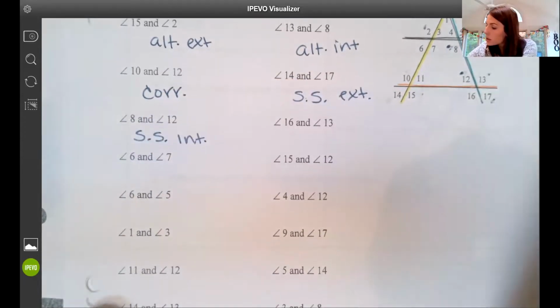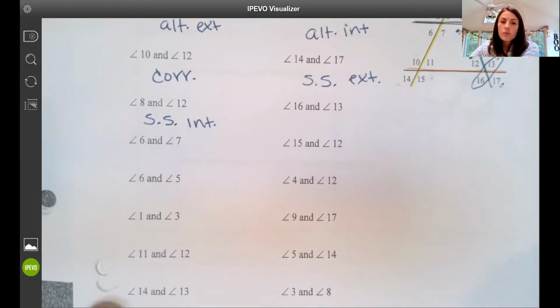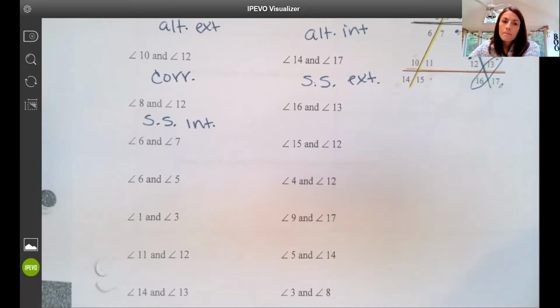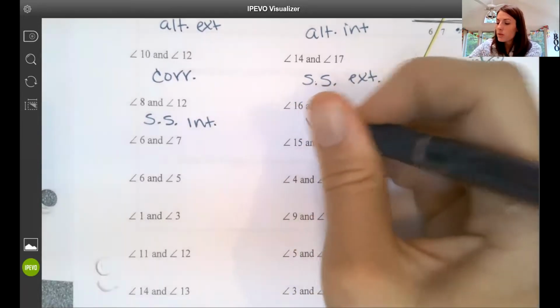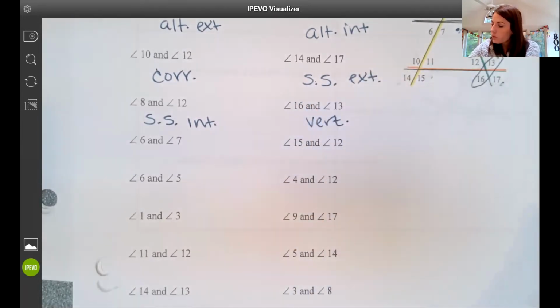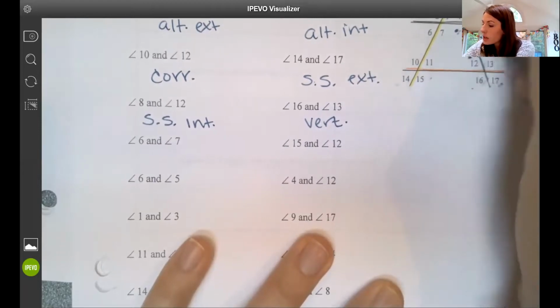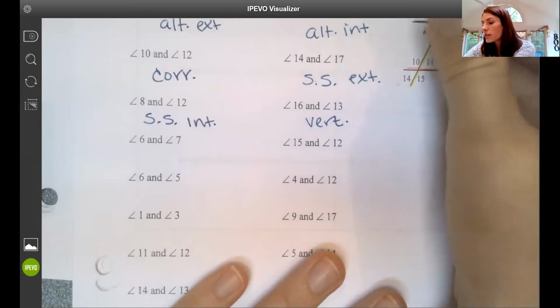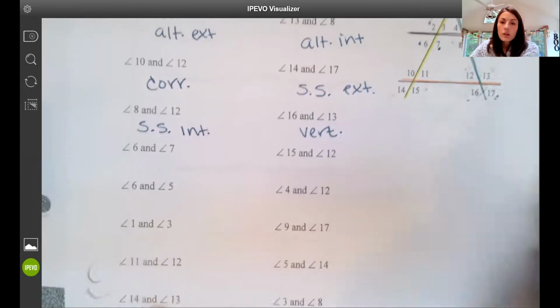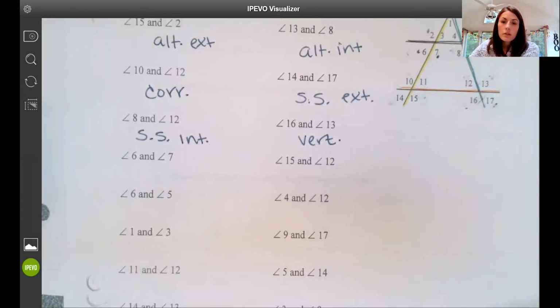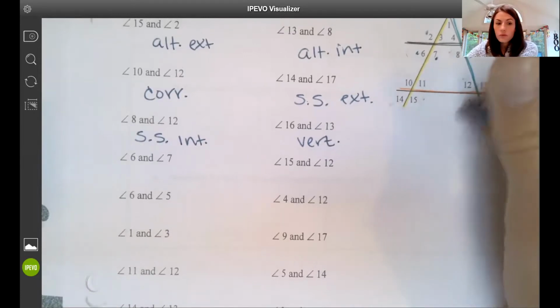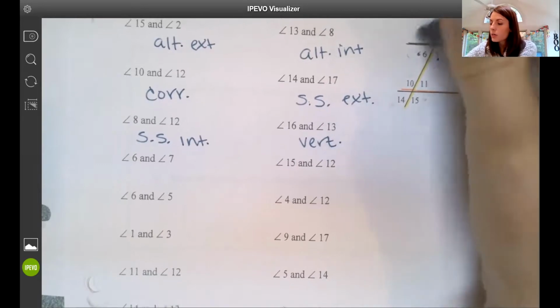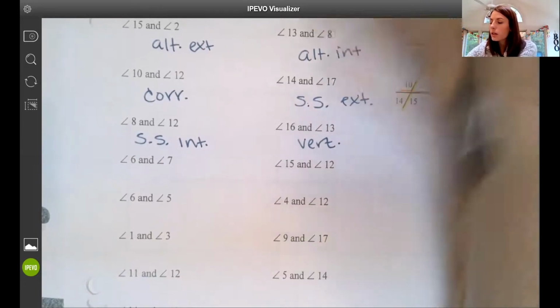And 16 and 13. Here's 16 and 13. What's their relationship? Those are vertical. Yep, that's from last unit. 6 and 7. This is again from last unit. So what's true about 6 and 7 here? Yeah, good job, Trinity. 6 and 7 are creating a line.